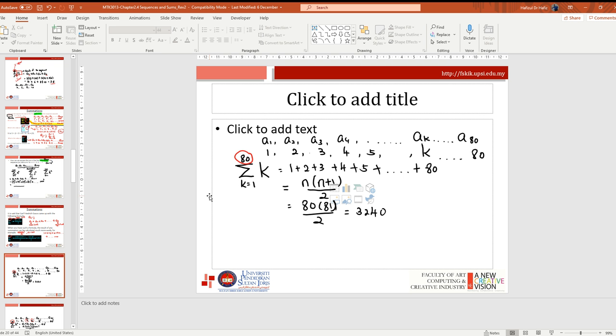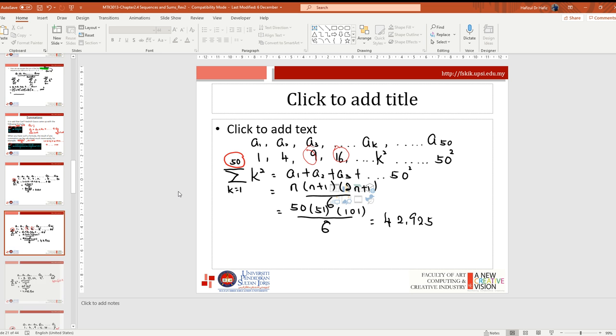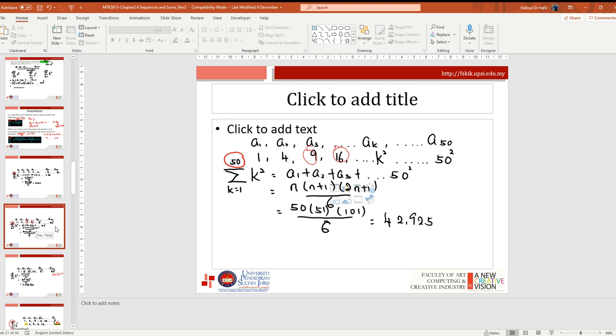For example, if you have the total of the summation up to 80, where k equal to 1, k is the formula, you would have to do plus 1, plus 2, plus 3. But if you have the formula, you can put n times n plus 1 divided by 2. n is 80, so 80 times 81 divided by 2, and you get 3240. The same goes for k to the power of 2.